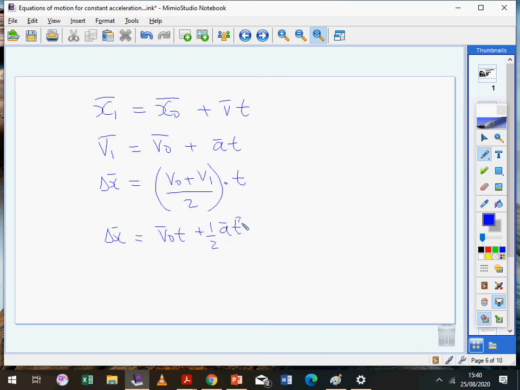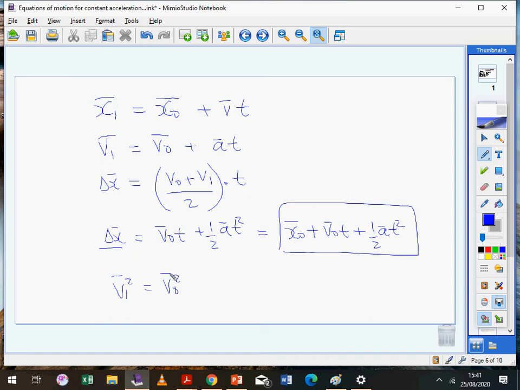This one can also be written as x1 equals x0 plus v0 t plus half at squared. You will see this in your formula sheet. It's stated as this, but you know that the meaning is that it's coming from this change in displacement. And the last one is v1 squared equals v0 squared plus 2a change in displacement. So those are the 5 equations of motion.